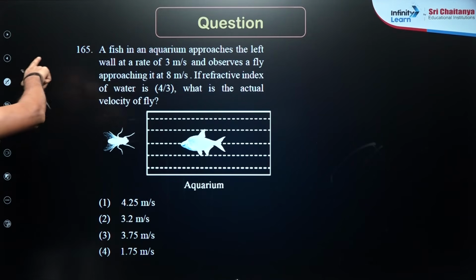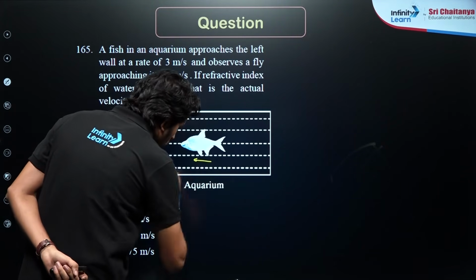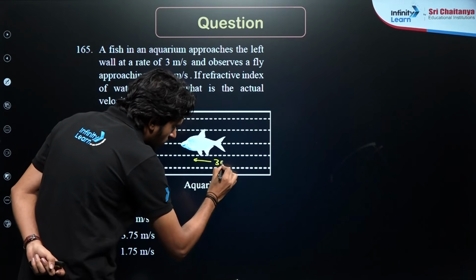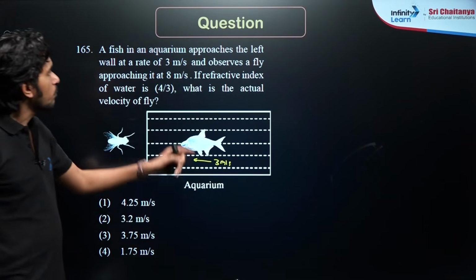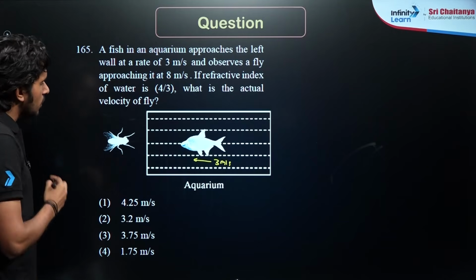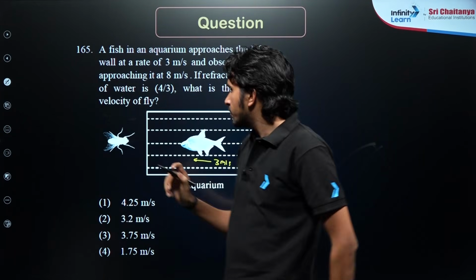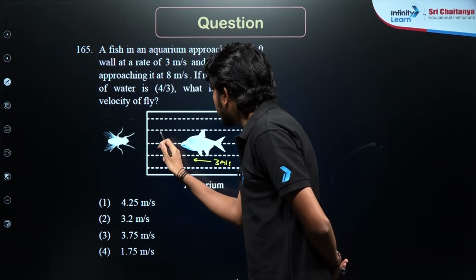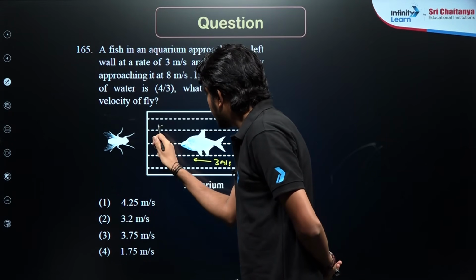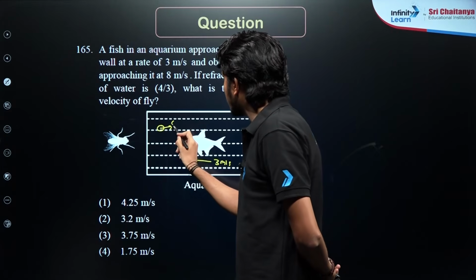A fish in an aquarium approaches the left wall at a rate of 3 meter per second. It is moving towards the left wall with 3 meter per second, and observes a fly approaching it at 8 meter per second. Now according to this, it is moving with 8 meter per second. So let's say that the fly is not outside, that is inside, and it is approaching with 8 meter per second.